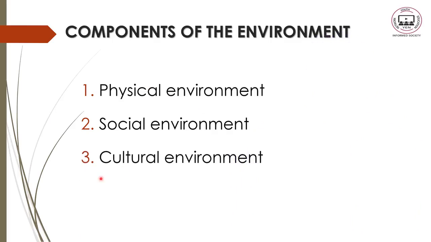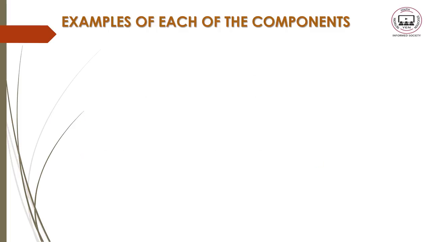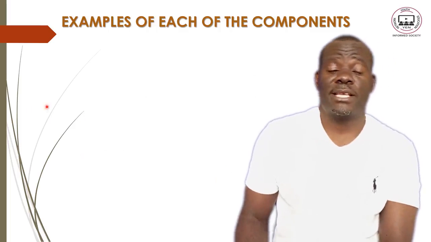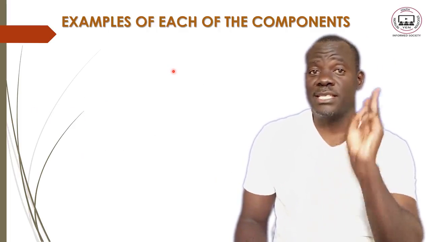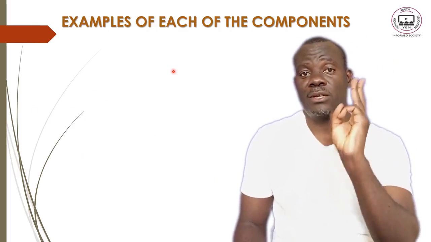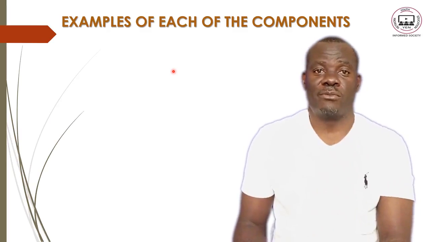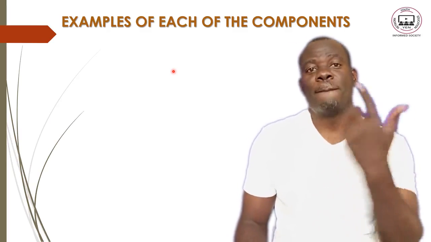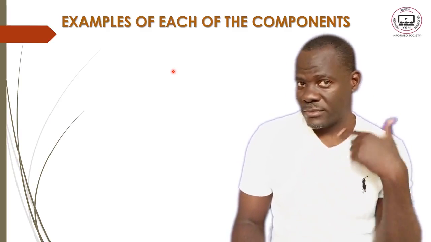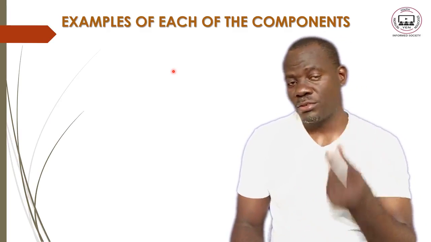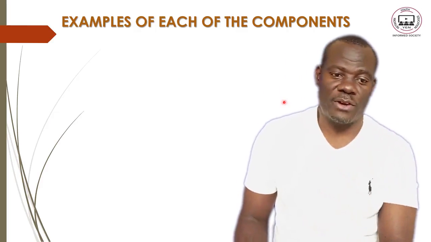Then number three, we have the cultural environment. So we have seen that we have the physical, social, and cultural. These three make up the three components of the environment. When the question comes to say, mention three components of the environment, what are they? Physical, social, and cultural environments.